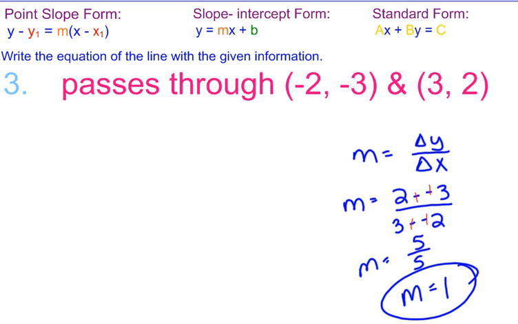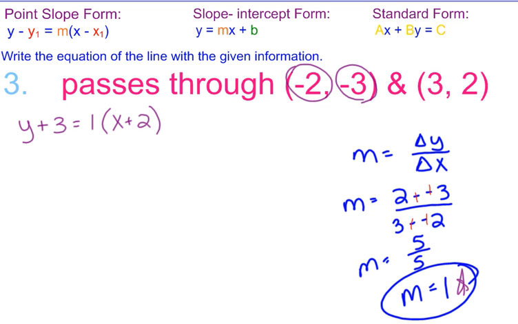So the first one would be y minus -3, so I'm going to say plus 3, equals my slope, which I just found to be 1. So 1 times, and then I would have x minus x1, which is -2, so x plus 2. There's one answer for point-slope form.